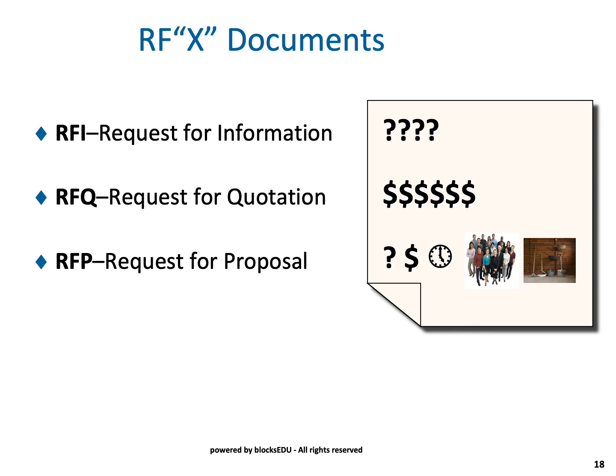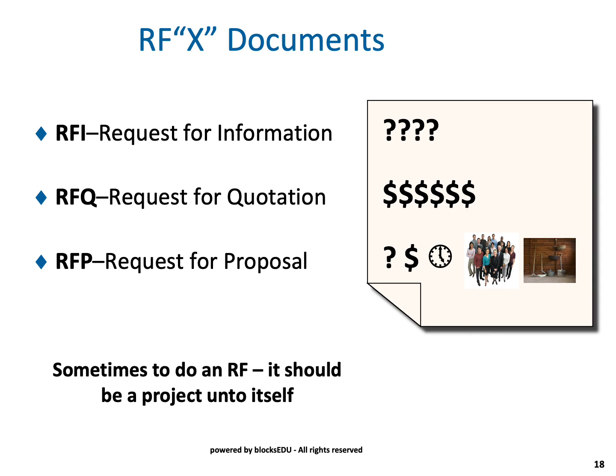The request for qualifications comes about when there may be literally thousands of organizations that would reply back to your request for proposal. And by law, anyone who replies back for a request for proposal has to be evaluated, has to be ranked, and has to be informed of what their ranking is as related to that request for proposal.